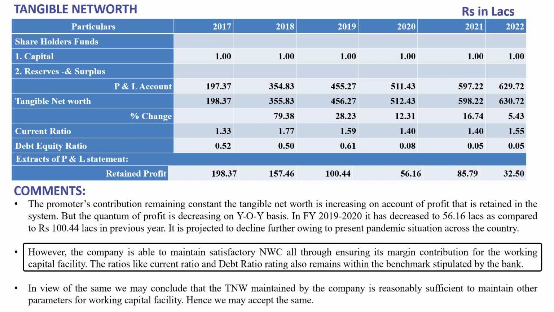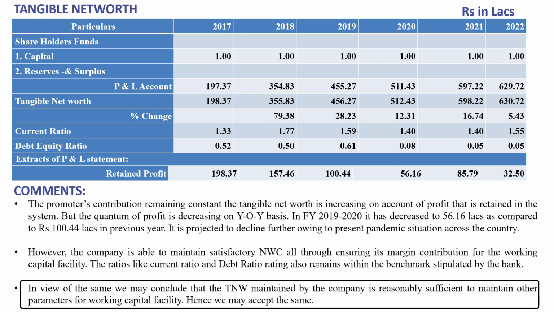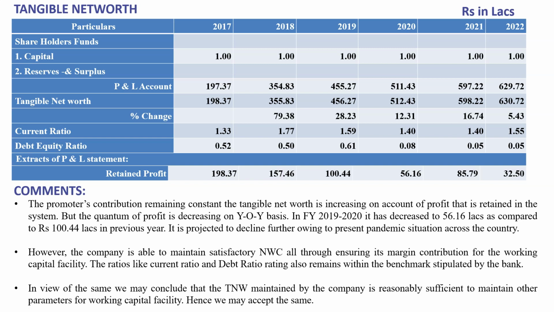That is why we have also included the sufficiency of TNW to maintain other benchmark ratios required for working capital assessment. Finally, a concluding remark regarding the acceptability of the TNW. If you take a closer look at my comments, you can clearly see these four segments.